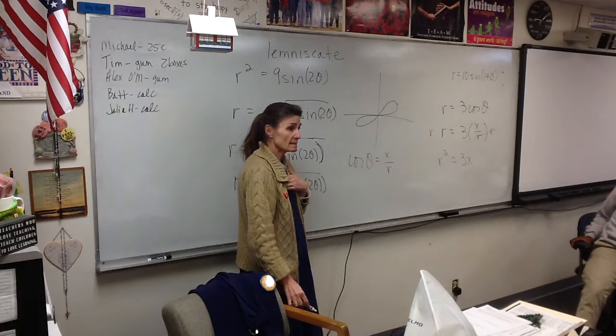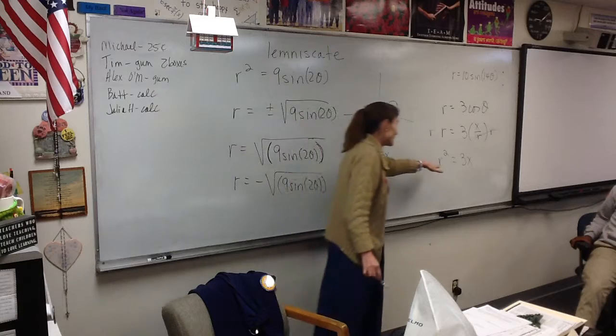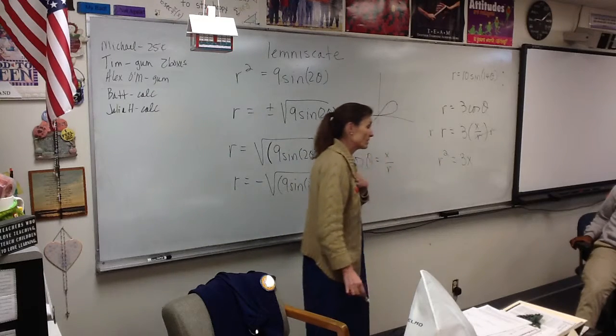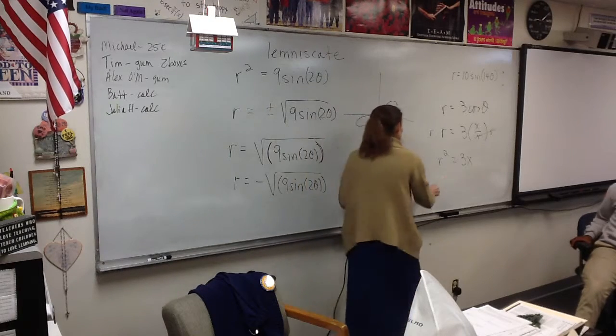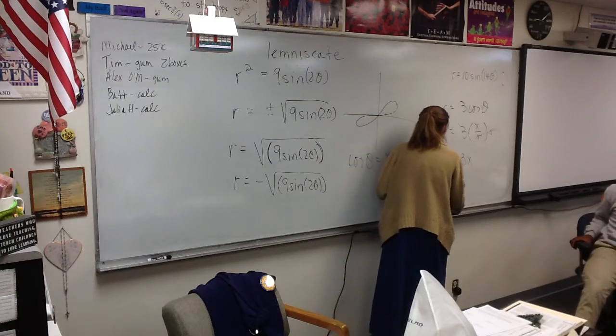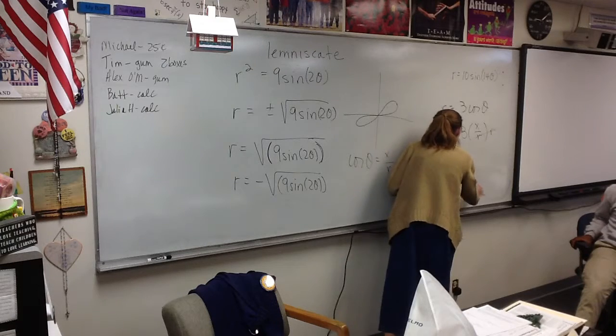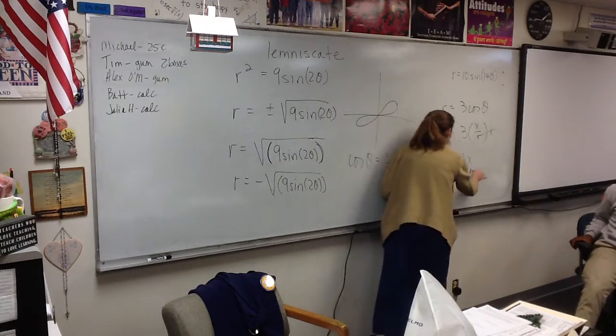A couple days ago, you memorized something about R squared. In fact, we took a quiz about it. What's R squared? X squared plus Y squared. Thank you, Brooke. Here is your answer.